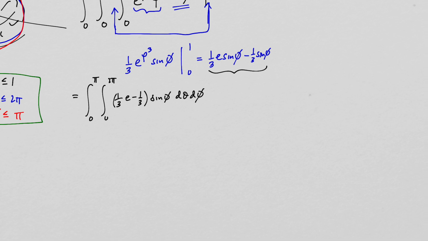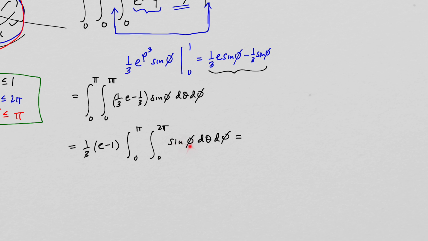Now this can actually be factored completely out because it's just a constant. So if you want, you can pull that out to the beginning, and you can take the 1/3 out, and then you'll have e minus 1. I do think it's worth it to do this because it just makes everything a little bit cleaner on the inside. Oops, this is d phi. There we go. All right, now performing the integration.